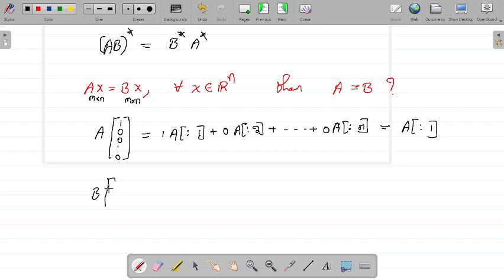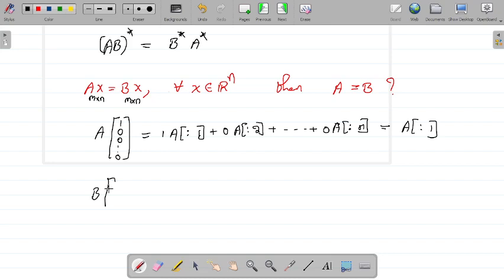Next, 3 is fixed, only 2 and 1 were swapped, so 1 swap, which is an odd permutation. And how about this, 2, 3, 1? How many swaps were done? 2. Since 2 swaps were done, I'll call it an even permutation. And here also 2 were done, so this is an even permutation.